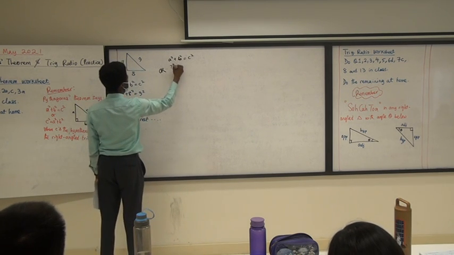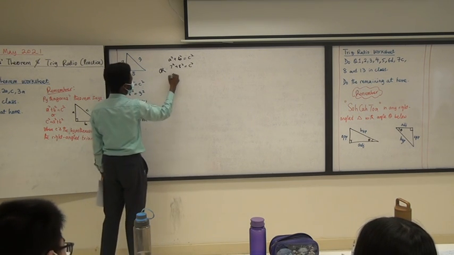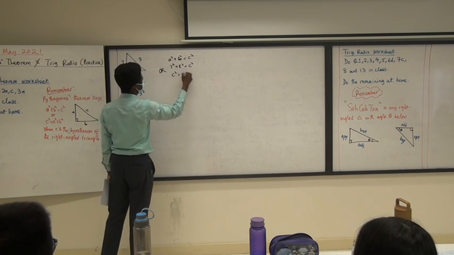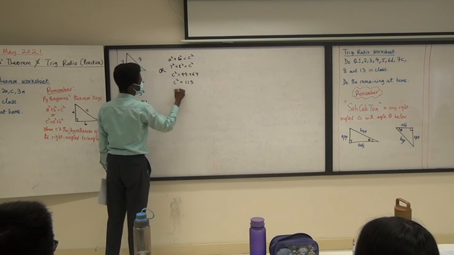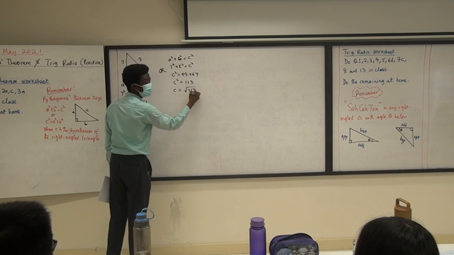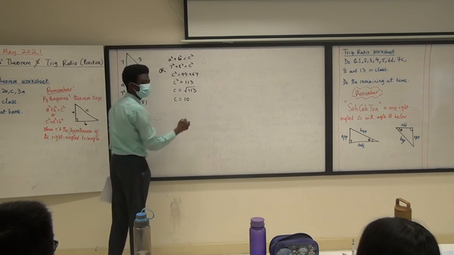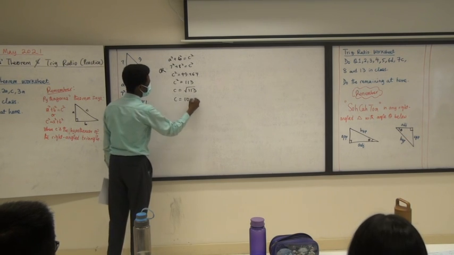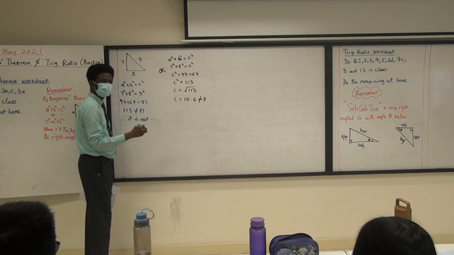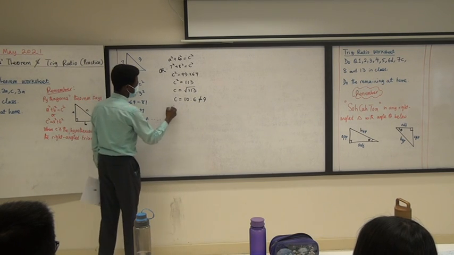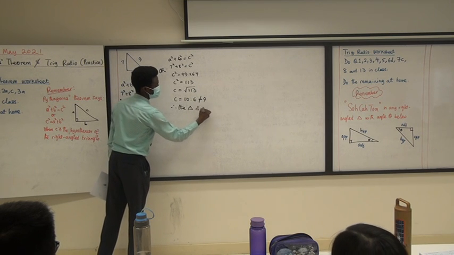So they did 7 squared plus 8 squared is equal to c squared, which gives c squared is equal to 49 plus 64. C squared is equal to 113. Then they found the square root of 113, which should be 10 point something. 10.6. And they said, which is not equal to 9. And the same conclusion, therefore, the triangle is not a right angle triangle.